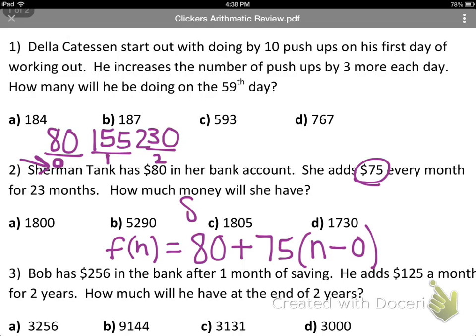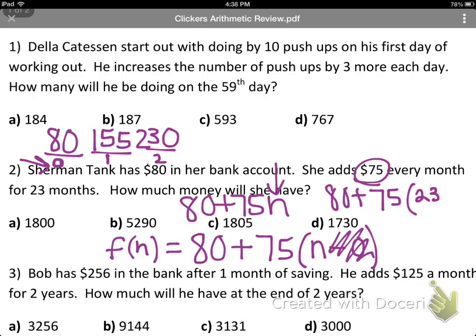So in this case, this is really 80 plus 75n, because really you don't need the minus 0. And so from there you could just plug in 23. So if we plug in 23 for n, we're going to have 80 plus 75, plug in 23, and our answer is going to be C.